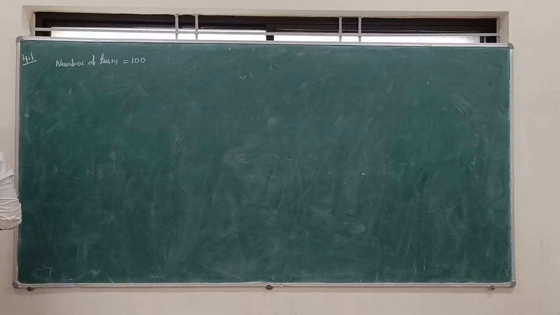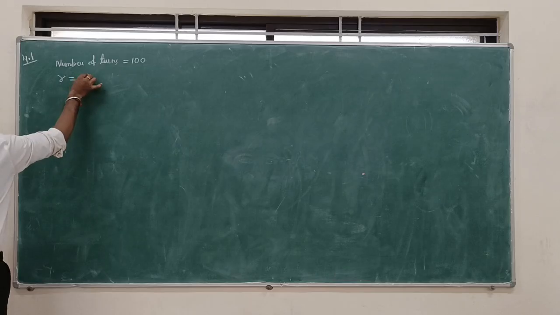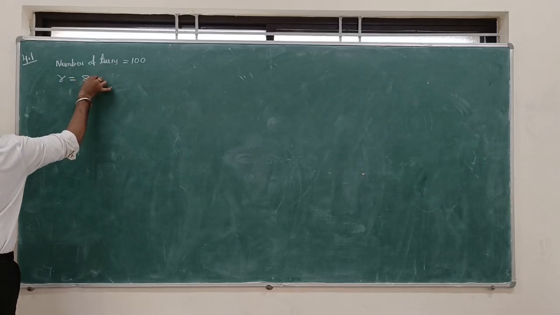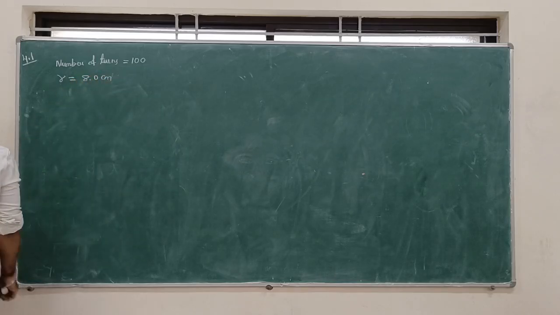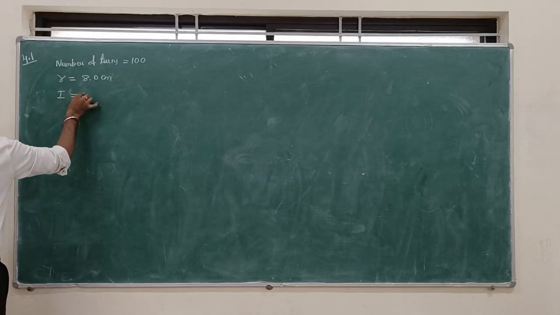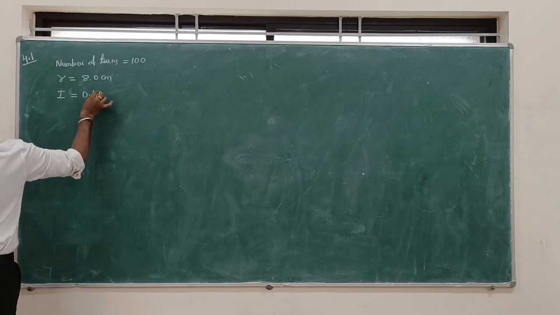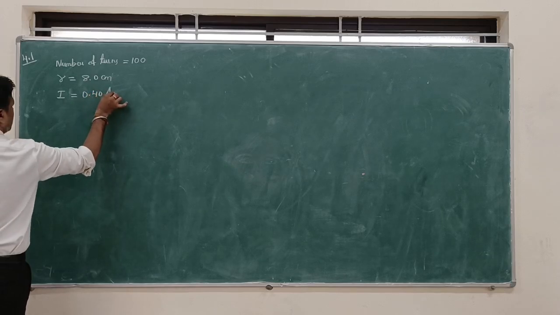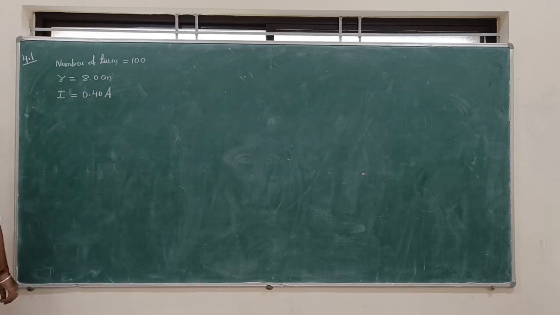Each of radius 8 centimeter, so radius is equal to 8.0 centimeter. Carries a current of, that is I is equal to 0.40 ampere. What is the magnitude of the magnetic field B at the center of the coil? At the center of the coil.